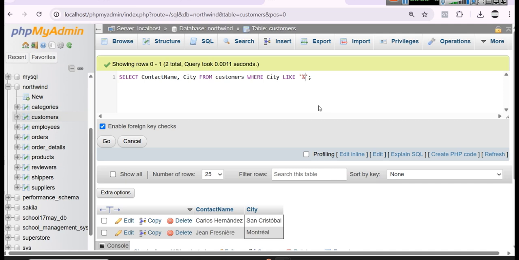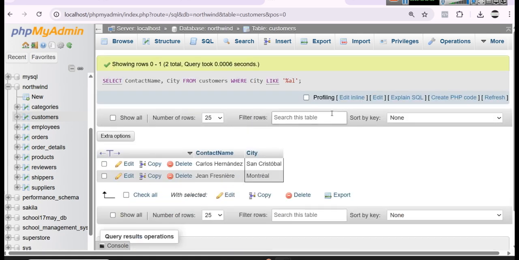Let's say if I write AL, then also we'll see both these cities, because this L can be a single character, or we can write multiple characters.